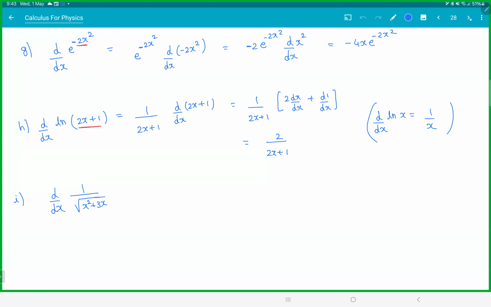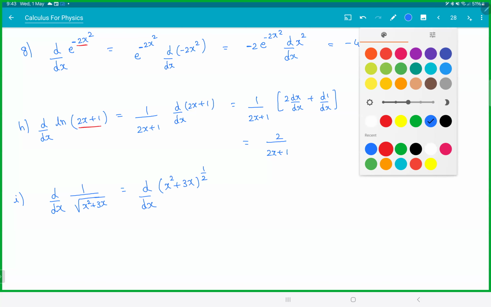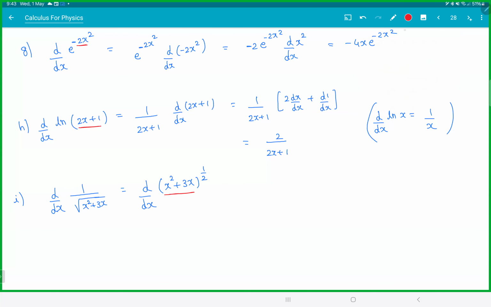Okay. So let's see how to do this thing. d by dx of x square plus 3x to the power of half. So this is looking like some function to the power of half. So this is half, that function x square plus 3x to the power of half minus 1.